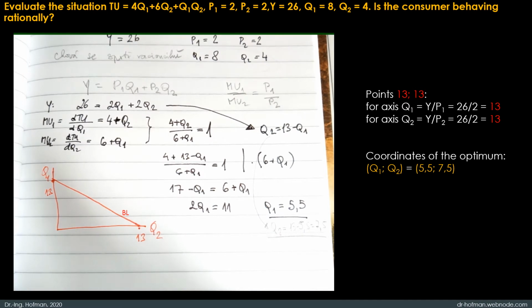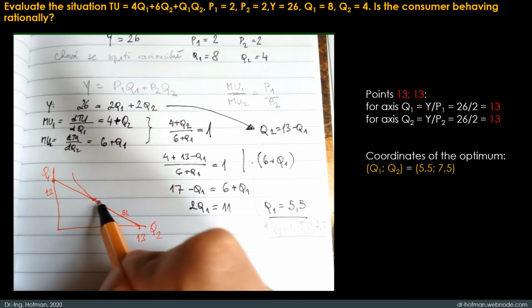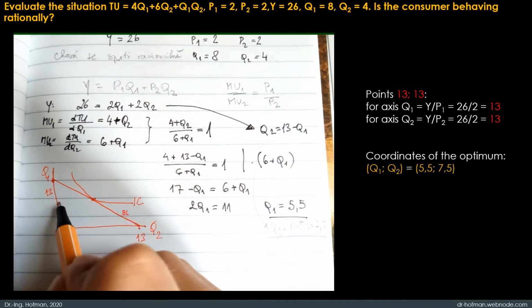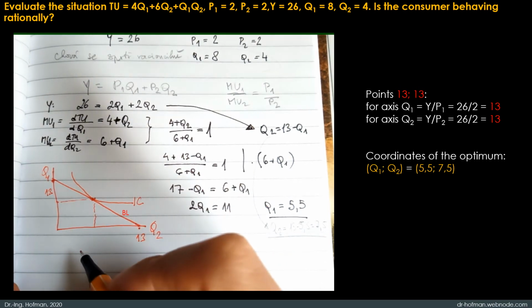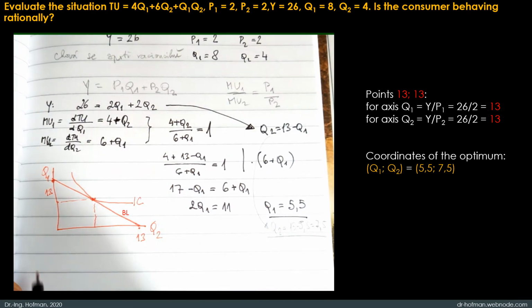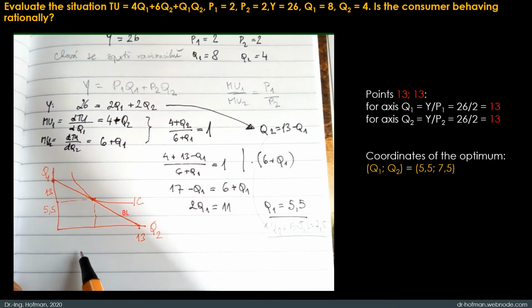They are calculated as 26, which was the given yield, divided by price 1 for the Q1 axis is 13, and by price 2, which is also 2, also 13. Now we calculated the point which is the real optimum, 5.5 and 7.5.